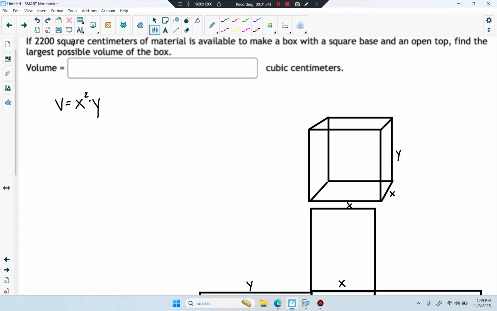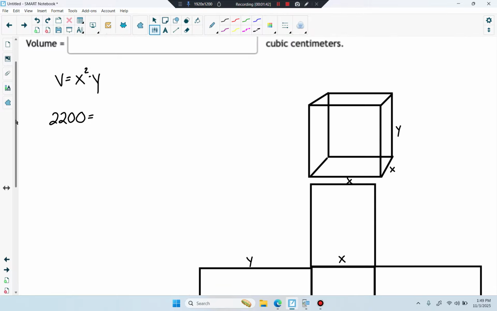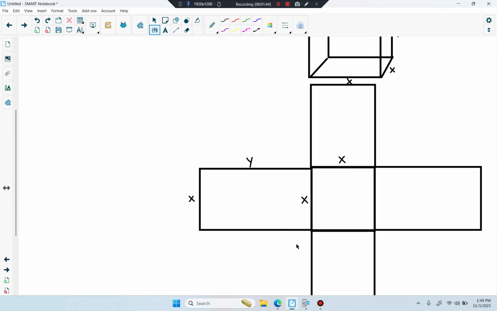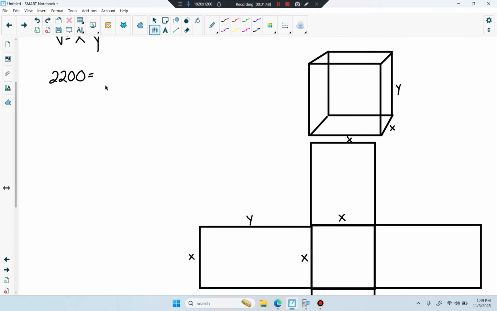I know I have 2,200 square centimeters of material, so 2,200 is going to have to equal all the faces of this net. So I have the center here, which is x squared, plus four rectangles of the same size that are all x by y.